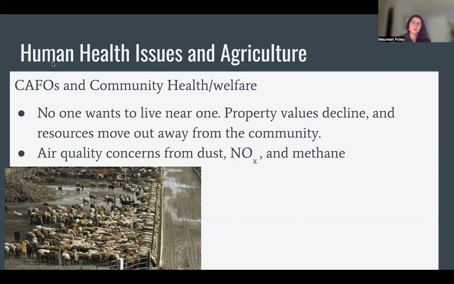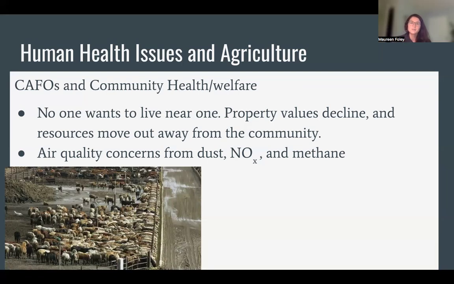It's that area where you roll up the car windows and put the air recirculator on because it smells absolutely awful. It's just animals living in very tightly confined spaces, standing in their own waste all day. So those are CAFOs, and they do have impacts on community health and welfare.